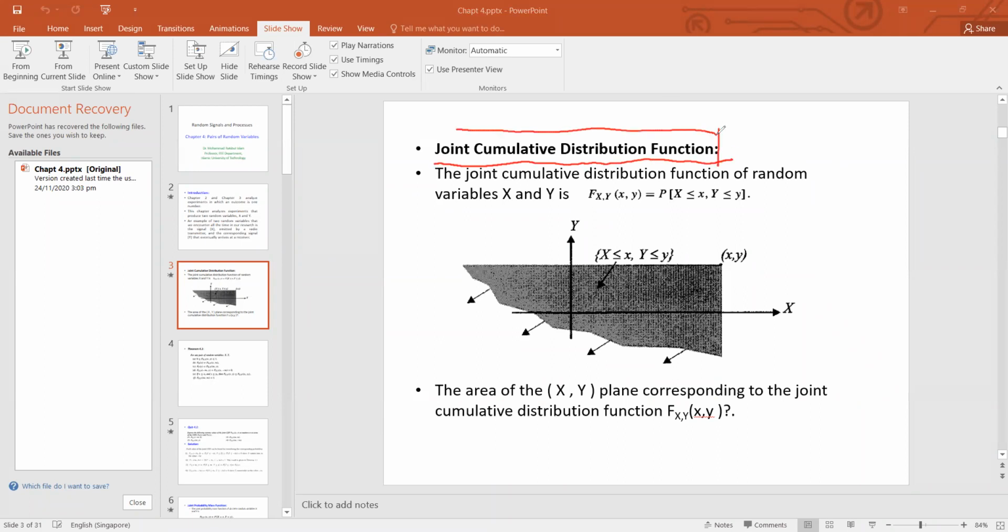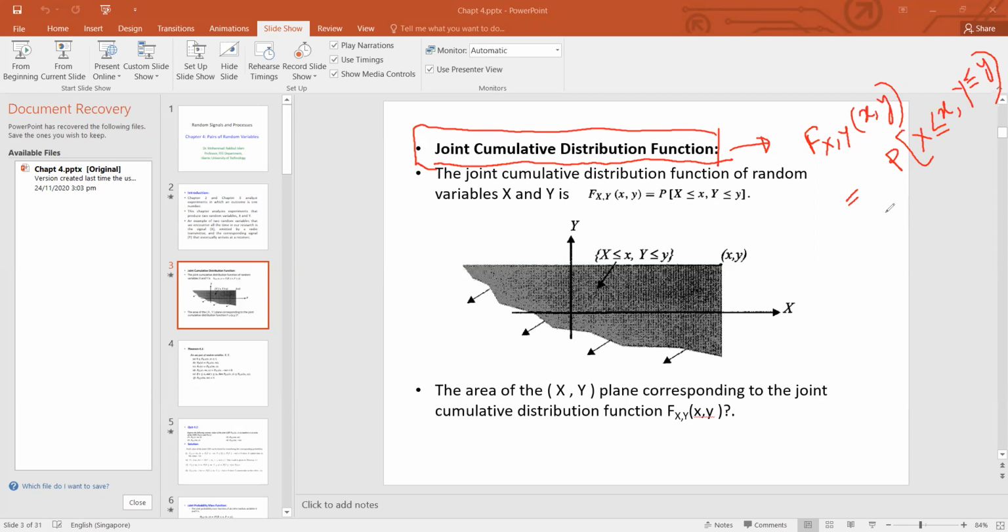In this joint CDF, we are talking about F_XY(x,y), which is equal to the probability of X less than or equal to x and Y less than or equal to y.